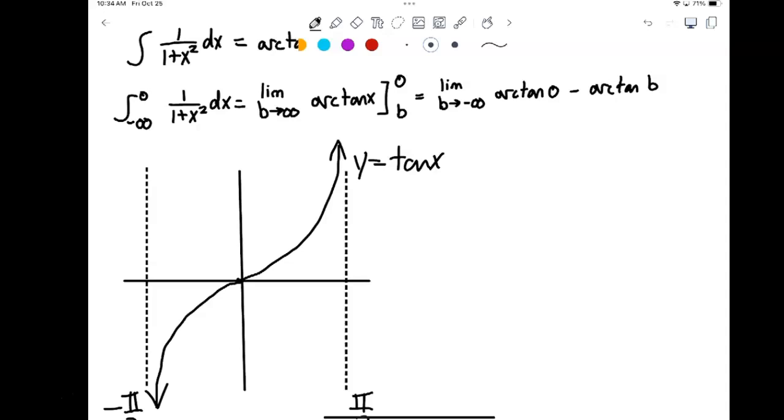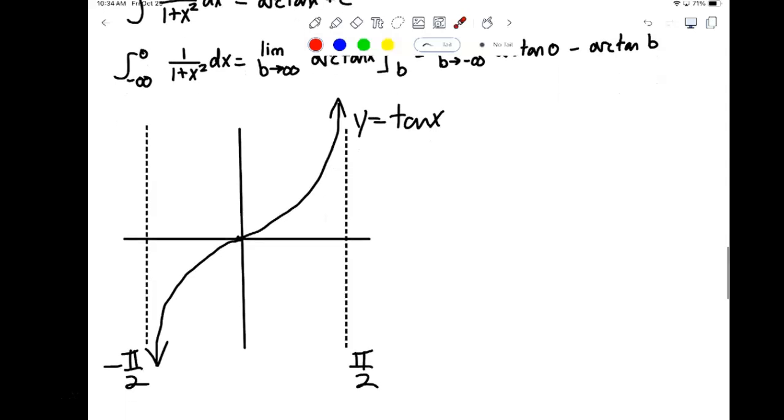Now remember, what happens with the inverse tan is your x and y's are getting interchanged. So when we ask arctan of negative infinity, basically what's happening to the arctan as we approach negative infinity. This is an x value here with the arctan, but in terms of the graph, it would be looking at the y value.